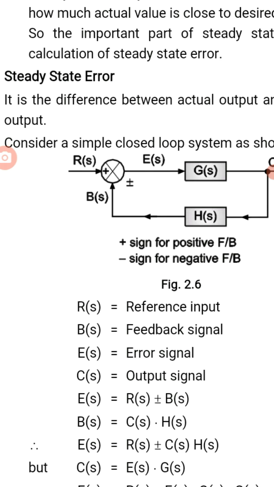It will settle at 0.9, 0.91, 0.92, up to 0.99, but it will not completely achieve 1 volt at the output side. So steady state error means, after the steady state, the difference or gap between input and output.